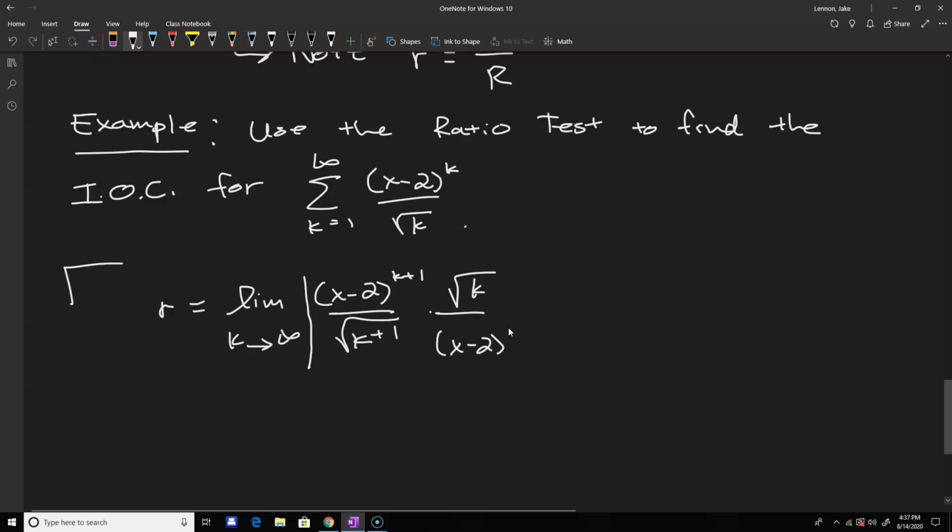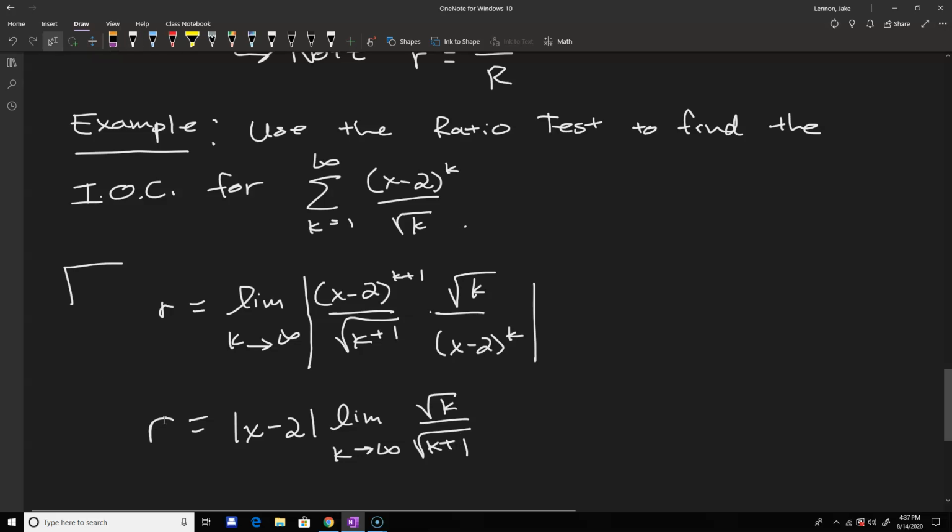So we have x minus 2 to the k. What are we going to get? Well, the x minus 2's are going to cancel, so we get the absolute value of x minus 2 in front, and then the limit as k goes to infinity of the square root of k over the square root of k plus 1, which just goes to 1.